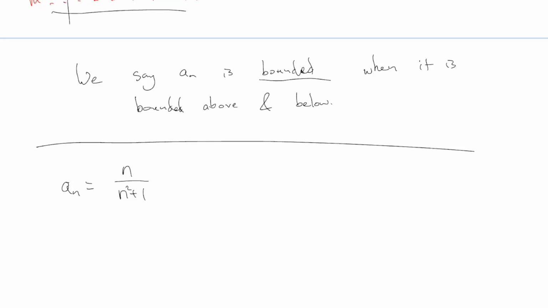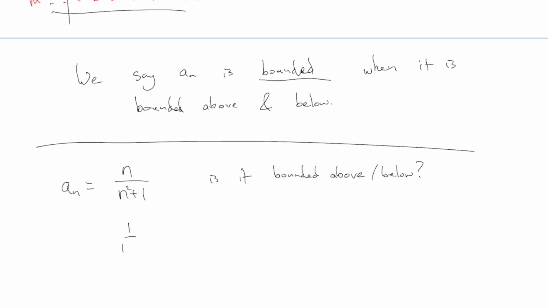It may be a good idea just to get a feel for this. So my question is, is it bounded above or below? That's the question. Is it bounded above? Is it bounded below? To get a feel for this, it might be a good idea to just write out a few terms of the sequence and see if you can see any kind of pattern. Like here, if I were to start writing them out, I would start, of course, at n equals 1.